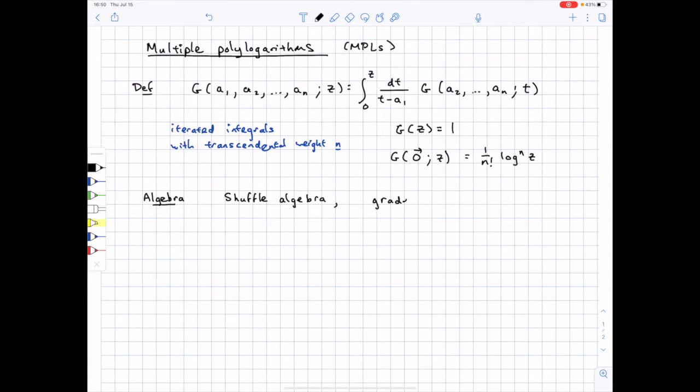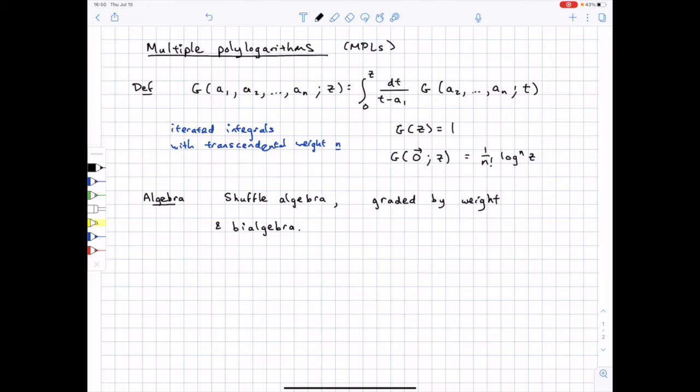So that is to say it's a graded algebra, graded by weight. And it is also a bialgebra with a coproduct that I will introduce shortly.